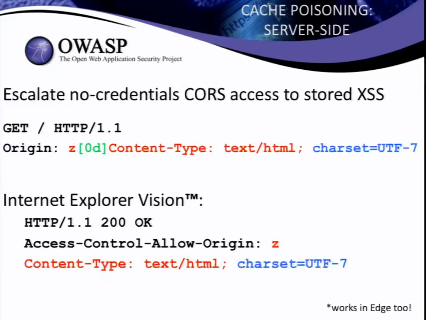And Internet Explorer happens to view the carriage return character as a valid ending for an HTTP header. So what we've got here is a slightly weird type of HTTP header injection vulnerability. And once again, this is something that we can't exploit directly because there's no way for me to make your web browser send such a horribly malformed origin header.